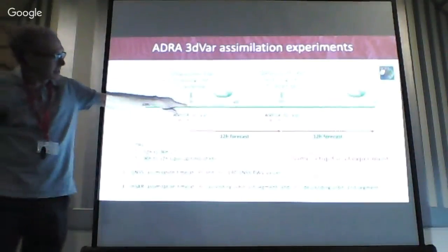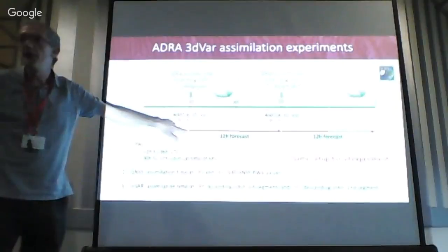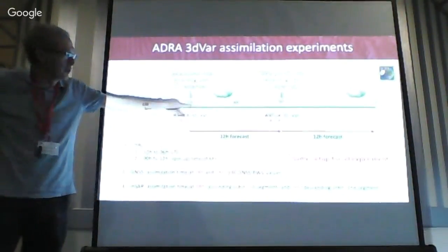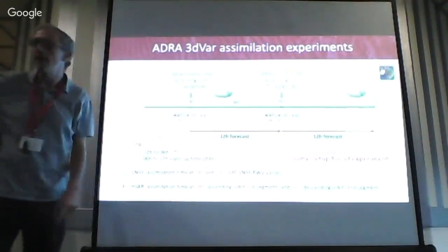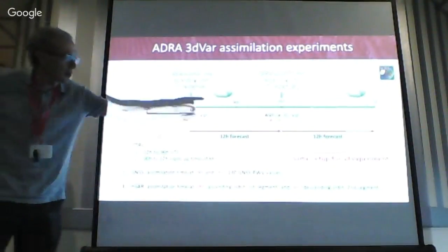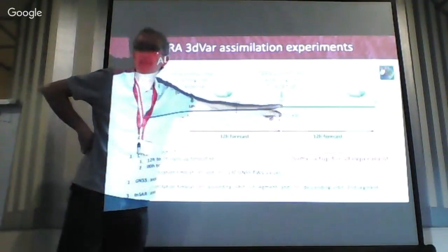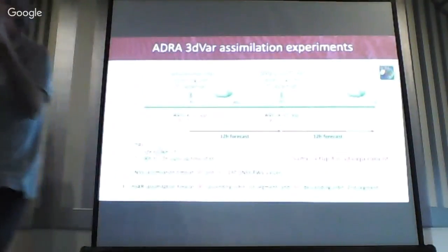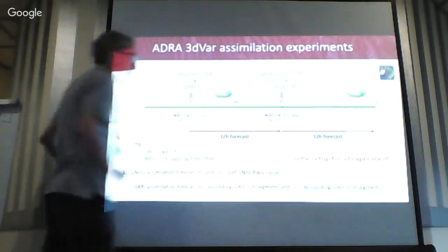But then at 18 and at 6, we are going to do an assimilation where you change the fields that were forecasted, and from these fields we assimilate PWV. And then we do a 12-hour forecast from there. We do another simulation at 6 a.m. These two times are the passages where we have the InSAR data. So we have InSAR data at 18 and at 6.